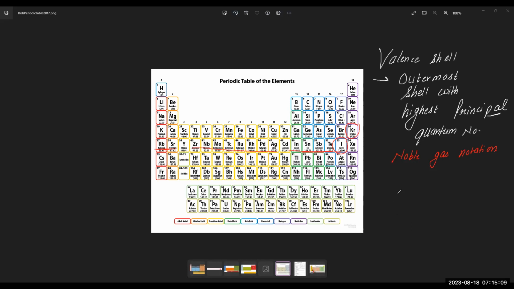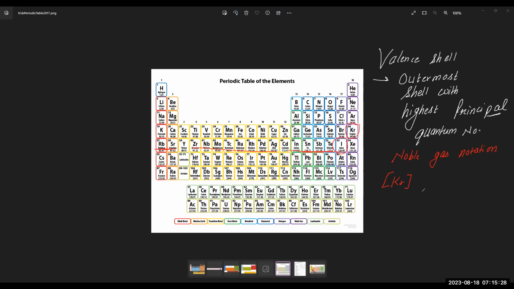Okay, Nivriti is there. Very good, Nivriti. Nivriti, can you tell me what is the valence shell here? Nivriti is already giving us. Remember, this has to be in square brackets, krypton in square brackets.